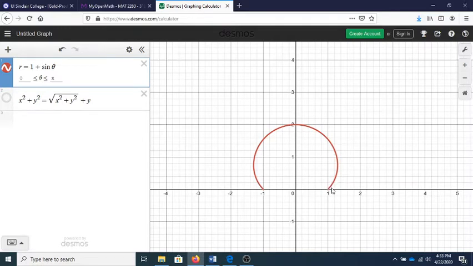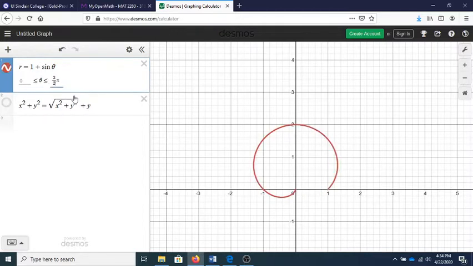Then as theta sweeps from 0 to pi, that gives me all of the cardioid that's above the x-axis. But to get the parts that are below, I need to go all the way from 0 to 2 pi. 3/2 pi? No, not enough. It's got to be 2 pi.